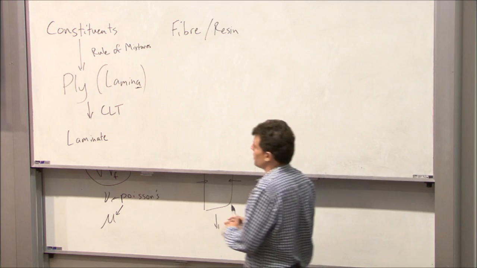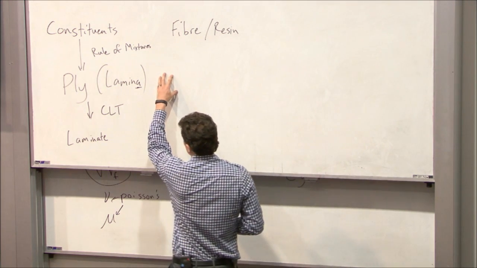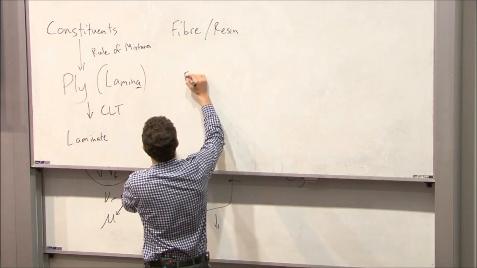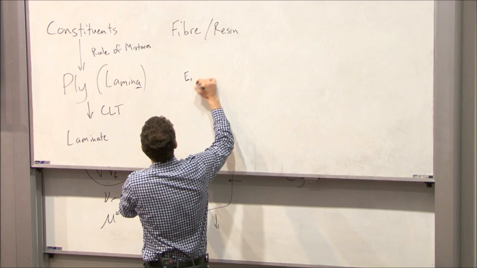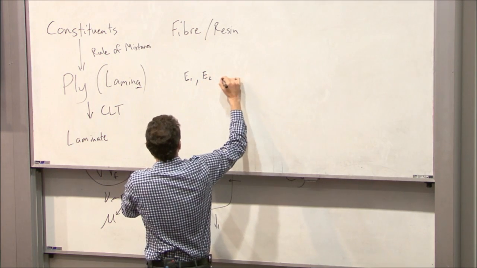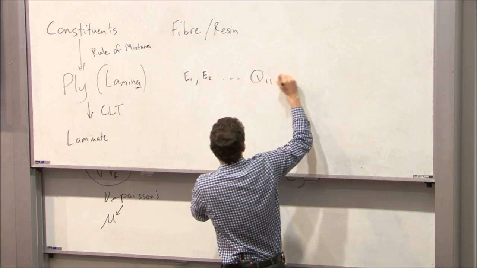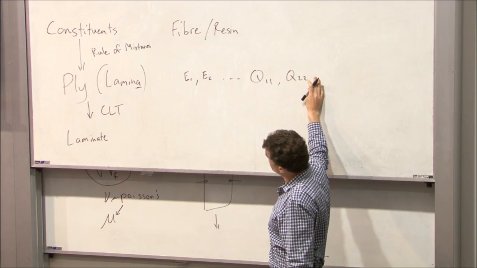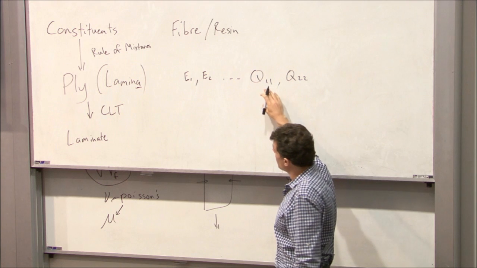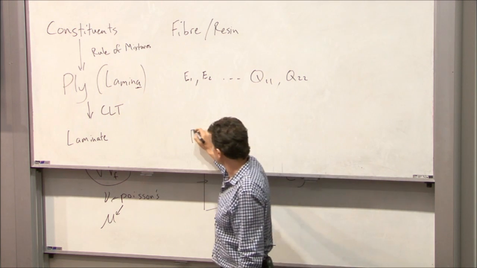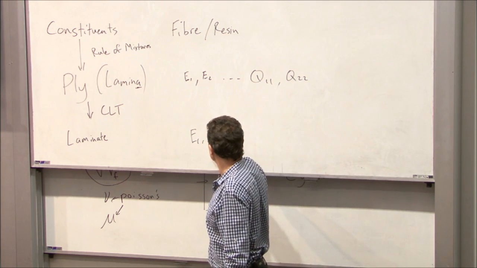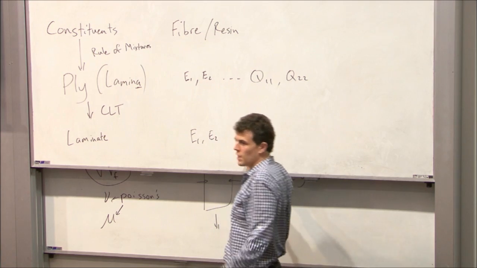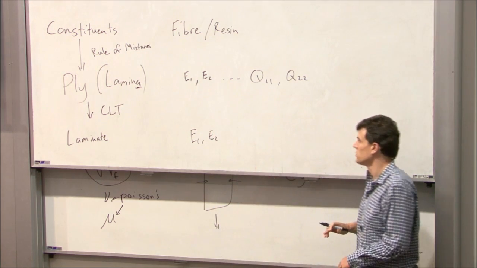So we know how to calculate the stiffness, so things like E1, E2, Q11, Q22, all these things. We know how to calculate them based on the constituents. Now we want to know how to calculate the same things for a laminate that's made up of multiple different plies.